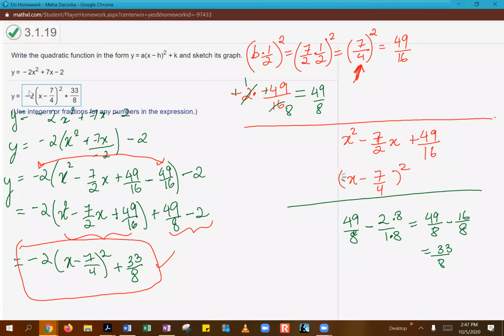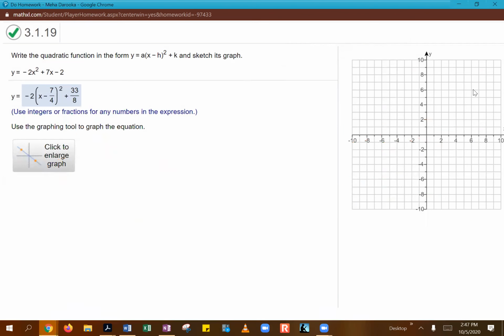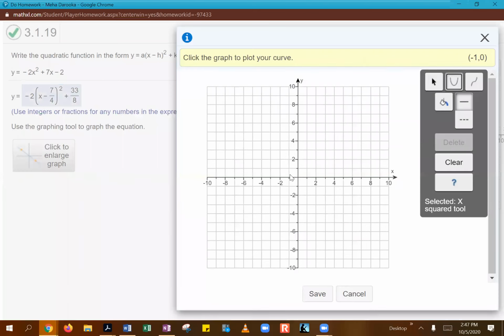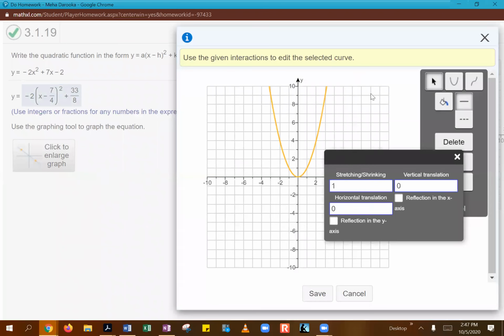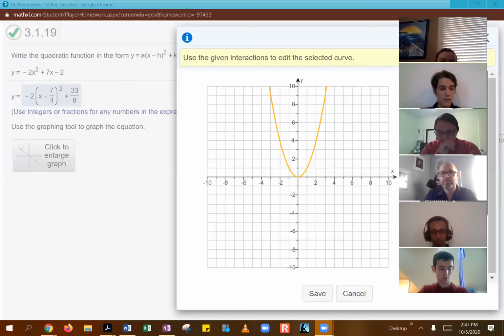Okay, that looks good. And then, again, they're going to ask us for the graphing. So click our parabola. And again, tell me what you're going to put in these boxes. So let's start with that stretching and shrinking box here. Yeah, very nice. Good job, guys.